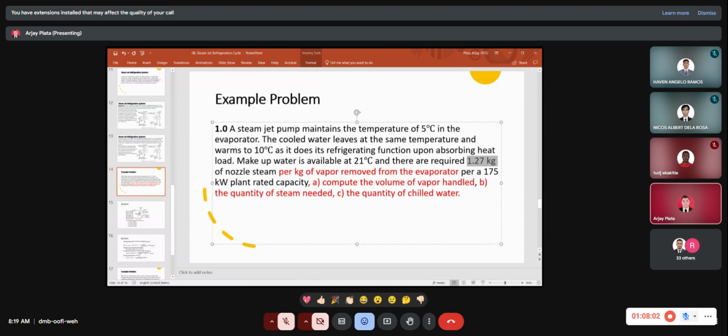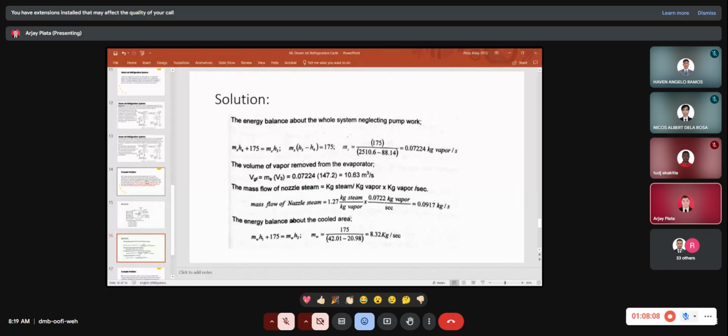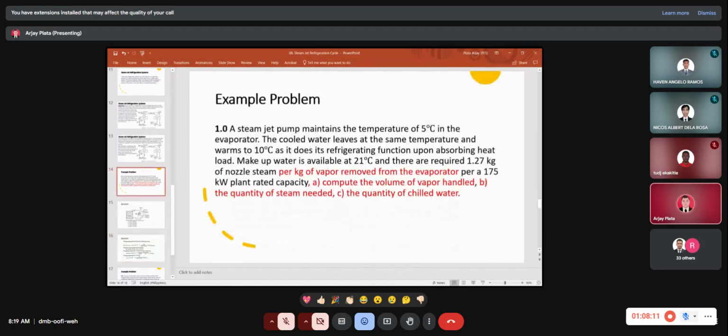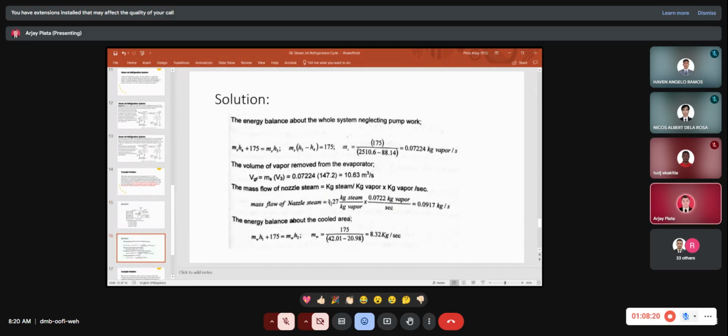Okay, so what we are looking for is B, the quantity of steam needed. So we have given 1.27 kilogram of steam per kilogram of vapor, multiplied by the mass flow rate of steam that we computed earlier, which is in kilogram per second.